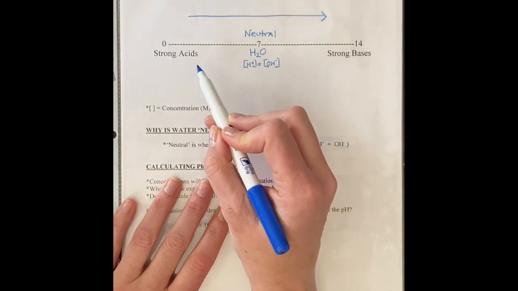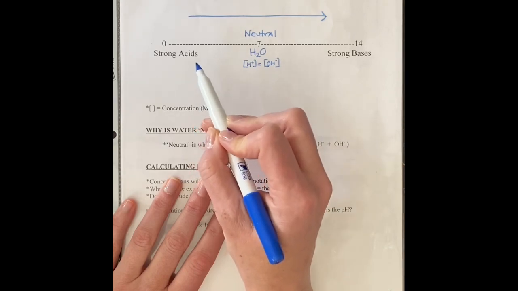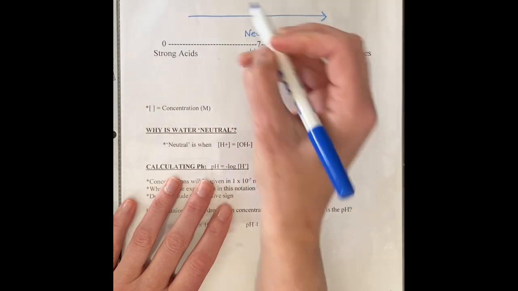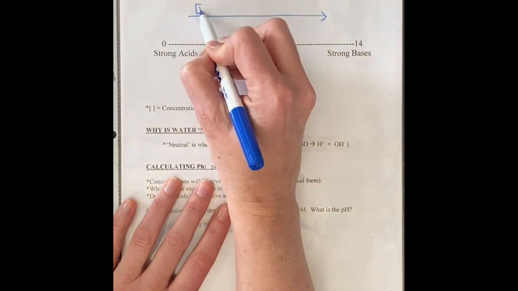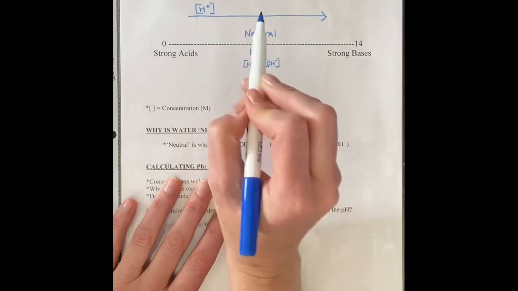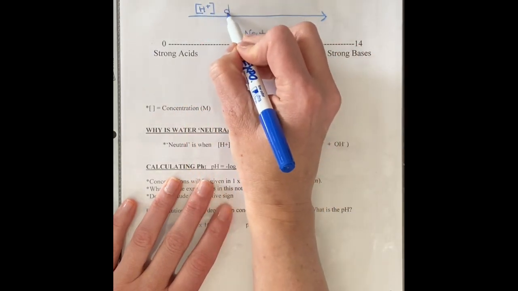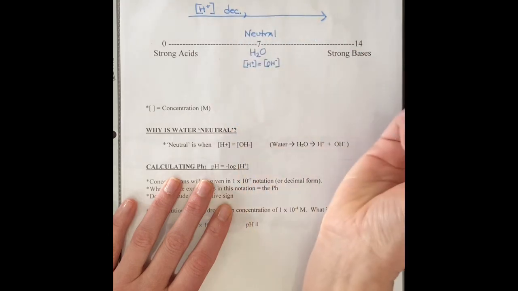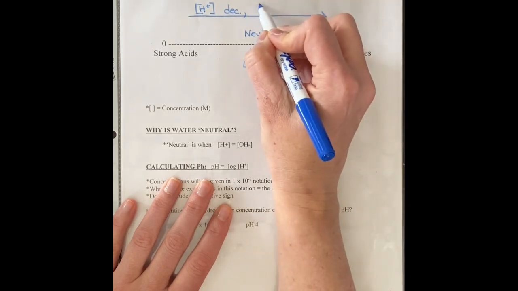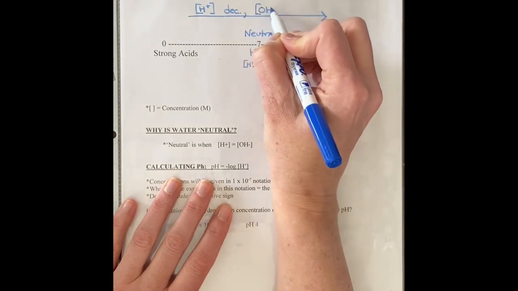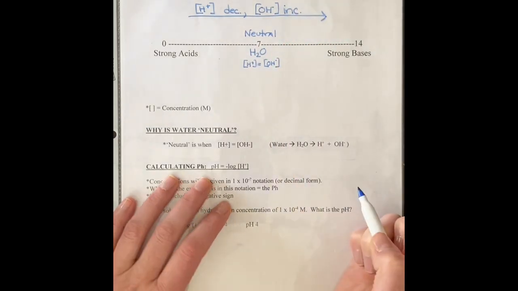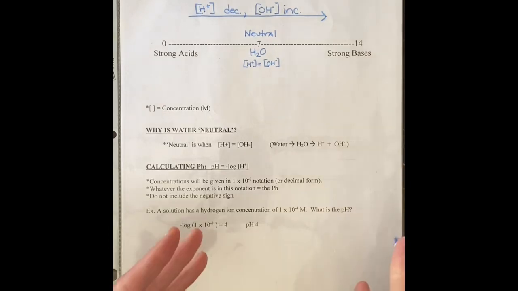If the acids have a high concentration of hydrogen ions, as that pH increases, the hydrogen ion concentration, if you remember, concentration is shown with the brackets, decreases. But in the meantime, the hydroxide concentration increases. Because think about it, we're going towards the bases. The bases have the OH.